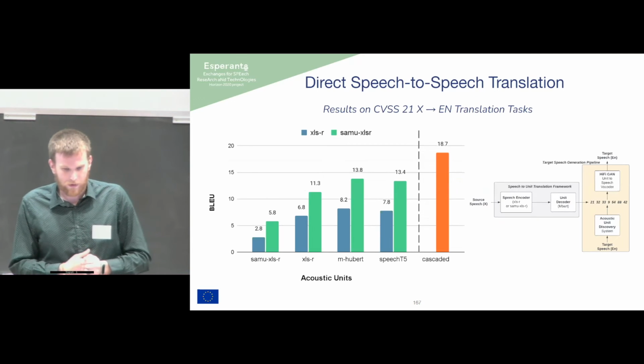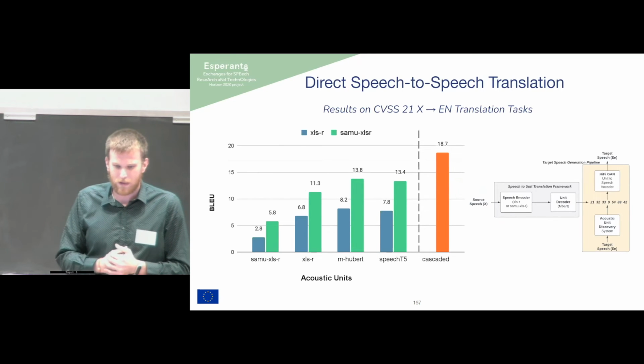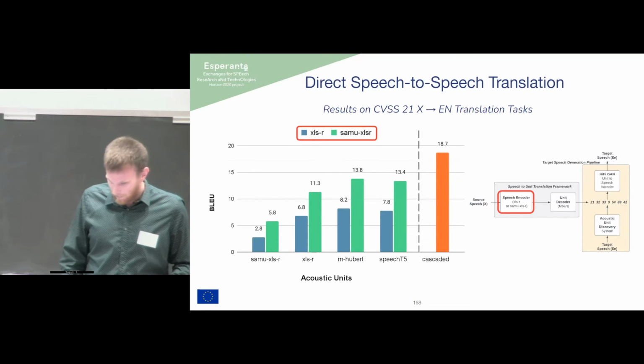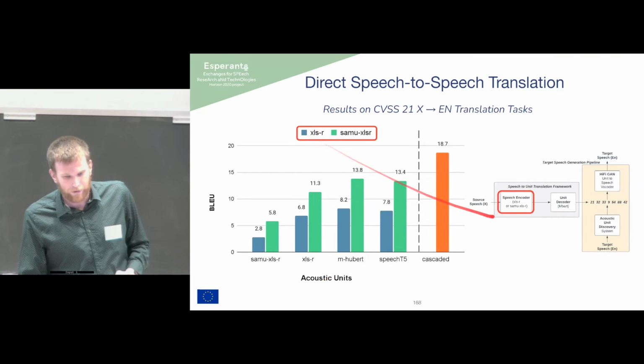Talking about results, these are our results on the CVSS 21-to-X translation task using this direct speech-to-speech translation framework. Let me first explain what you are seeing here, because it's a little bit tricky. Now I'm highlighting in red the speech encoder used as initialization for the speech-to-units framework.